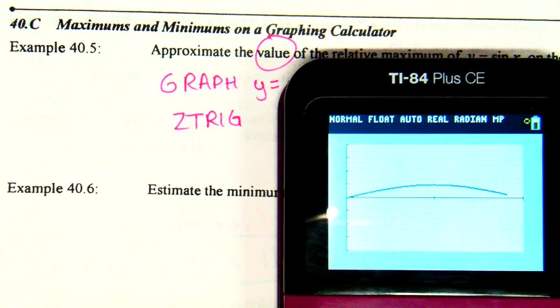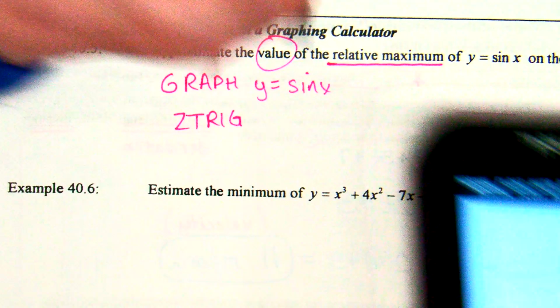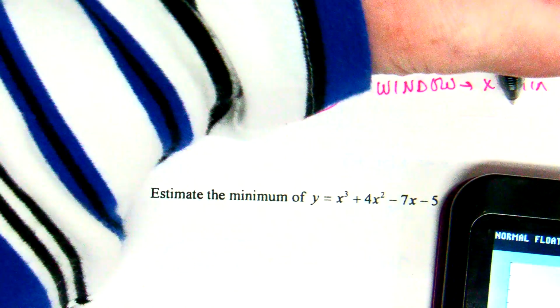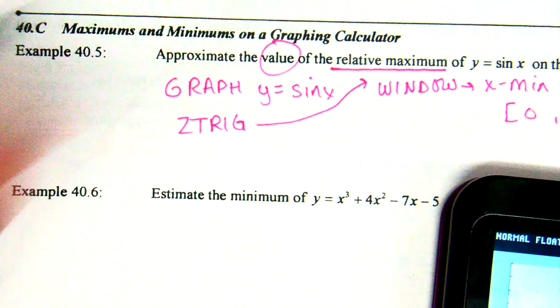And you're still in Z trig. So 0 and pi is what I changed those to. Can you find the relative maximum?